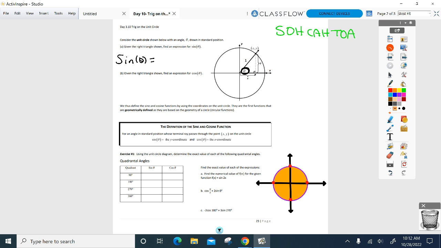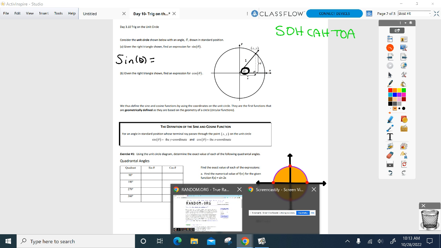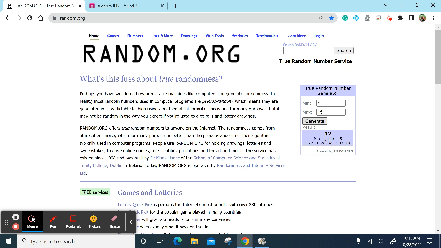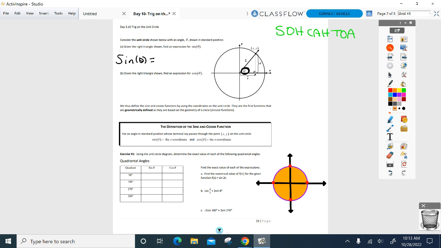What two sides do I need if I'm going to find sine? The opposite. Good job. Opposite and the hypotenuse.